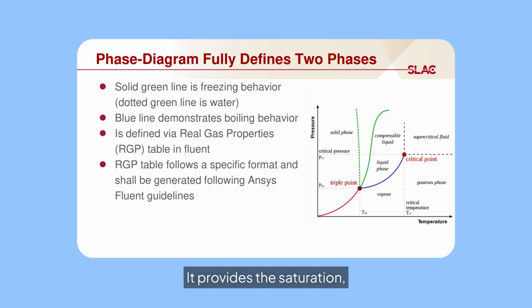It provides the saturation temperatures and properties needed to capture phase change accurately. The real gas properties table ensures Fluent can predict nucleation, boiling, and vapor formation correctly, allowing reliable simulation of heat transfer and pressure drop in microchannels under two-phase conditions.